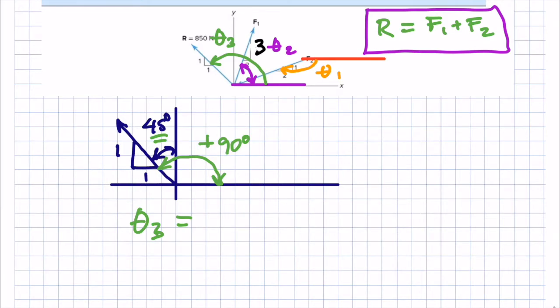Okay, so theta 3 is arctan of 1 over 1 plus 90 degrees, where this is in degree mode. That requires some thought because you have to do the same thing with theta 1 and theta 2. You have to make sure when you do the arc tangent that you end up with the angle in the right quadrant.